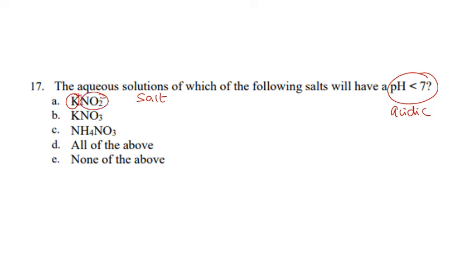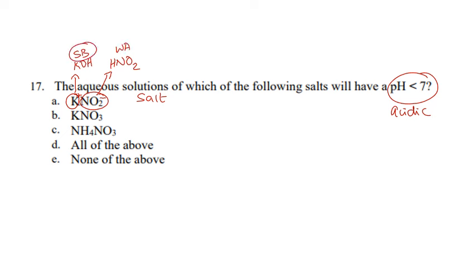So K plus and NO2 minus. I am splitting that into two, and to the first part I am adding OH because this part is coming from the base, and to the right part I am adding hydrogen in front of it, because it is coming from the acid. So KOH and HNO2. What I will do next is see whether each is strong or weak. This is the strong base and this is the weak acid.